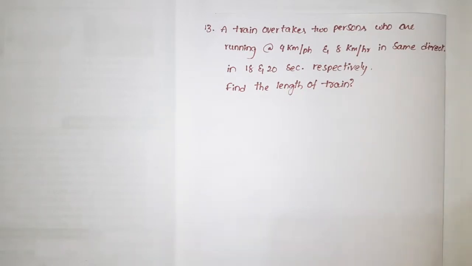Whenever a train is crossing a man or an object whose length is negligible, the distance traveled by the train in crossing a man or an object is the length of the train itself. We use that particular point in this problem.